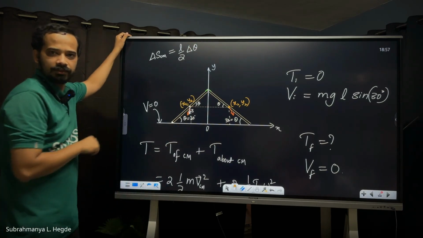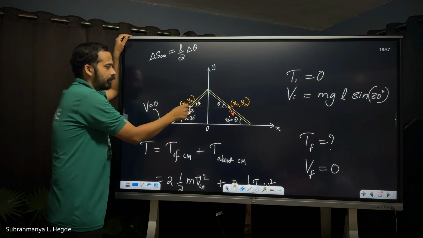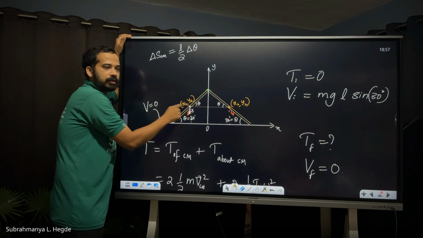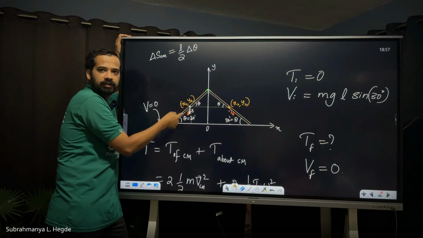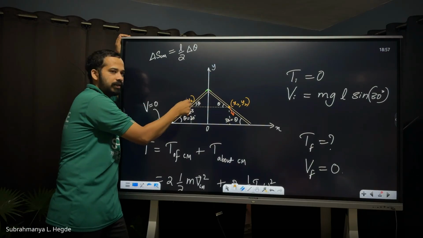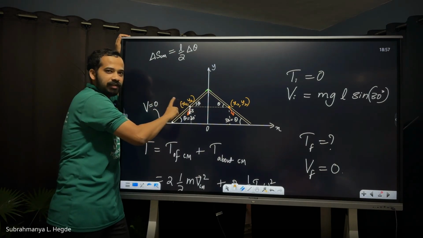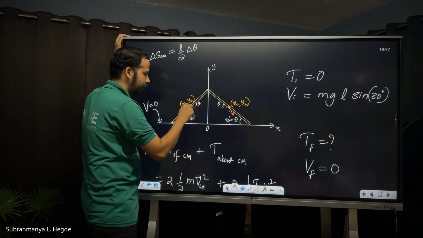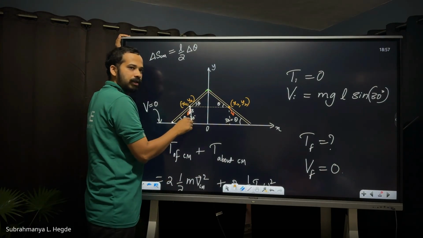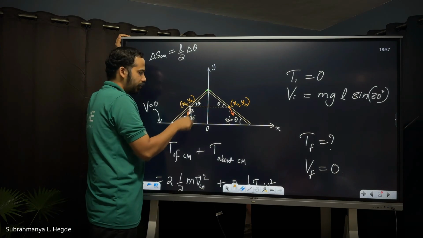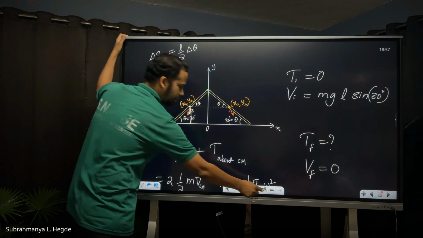That is right, the change in the location of center of mass, the distance traveled by center of mass. Here there is L by 2 into change in theta, not full theta. This full theta is defined like this, am I right? If you apply S equal to R theta, you have to apply it like this actually. This is the right one.